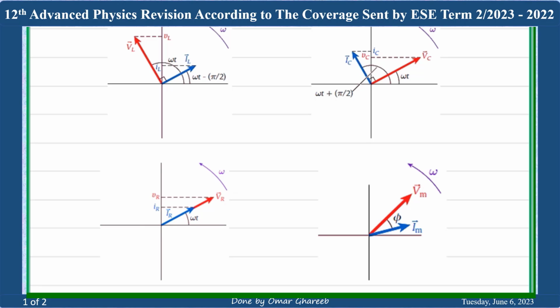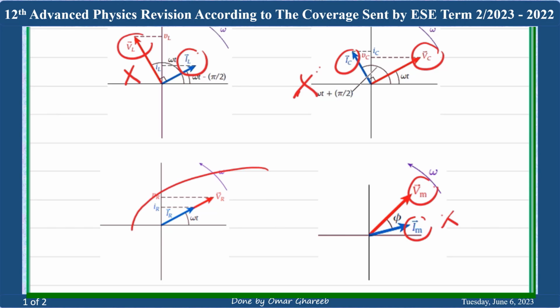Here, V and I are separated. No, this is wrong. I, V, also wrong. V, I, wrong. Here we have the two phasors in the same direction. So this is the right answer.